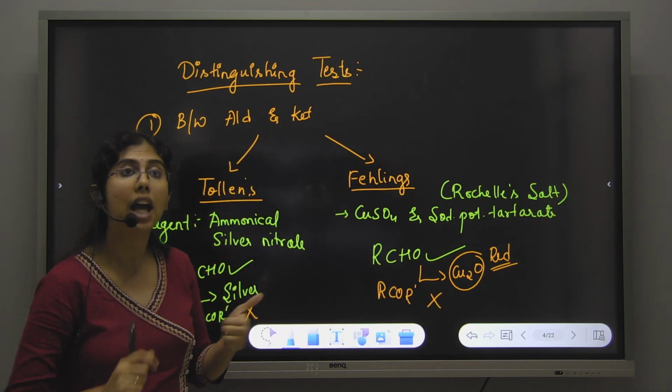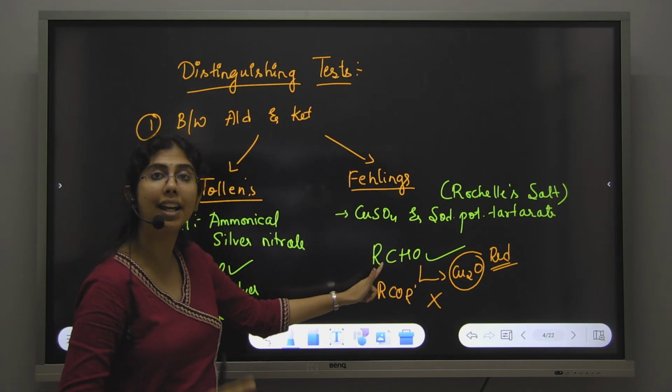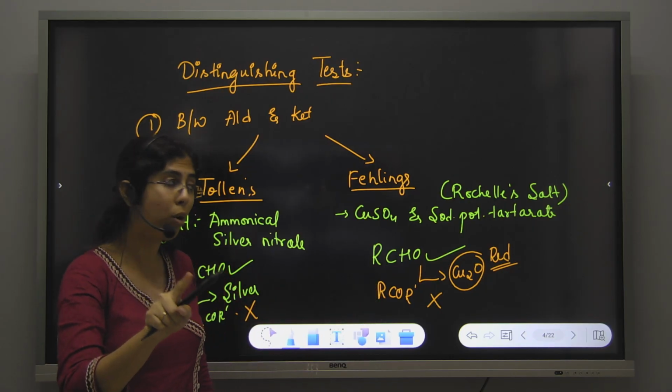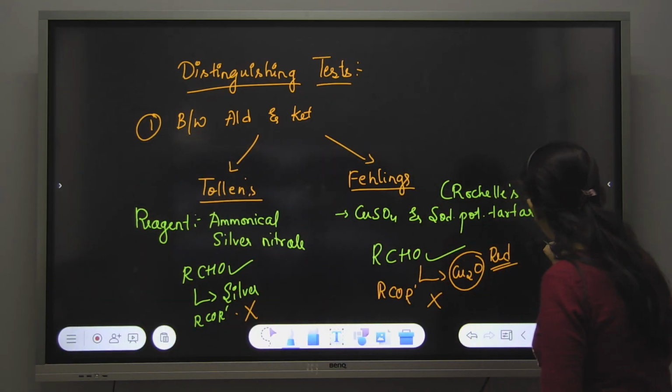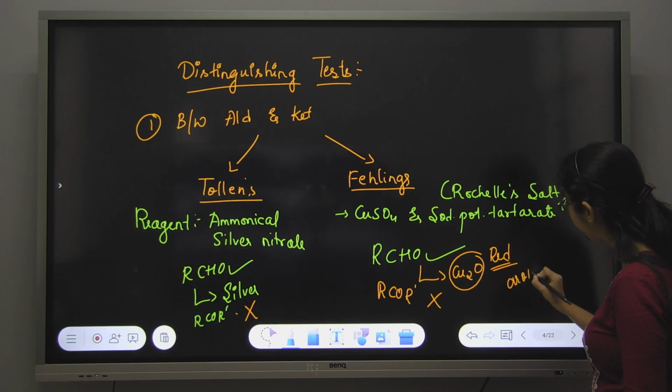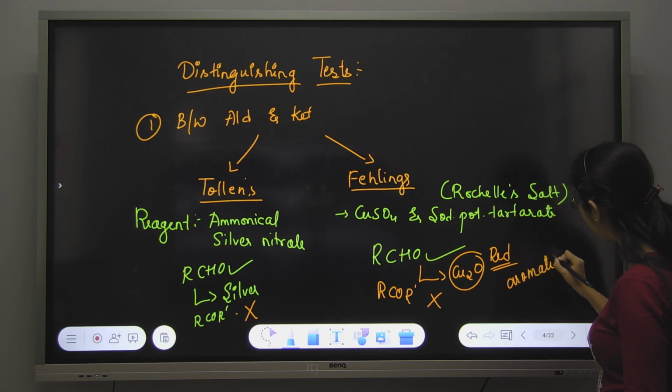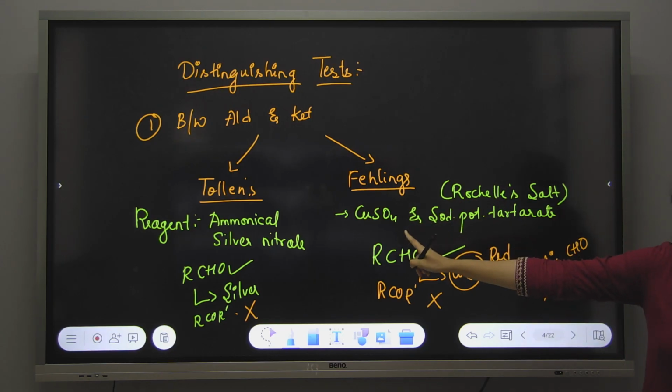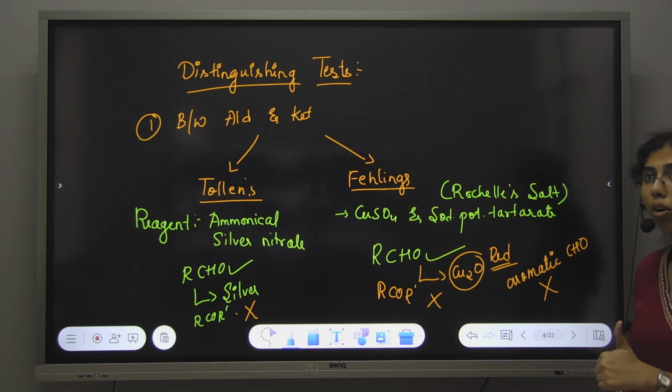the ketone will not give Fehling's test. Who gives Fehling's test? Only aldehyde. And remember one more thing, if you take an aromatic aldehyde, it will not give Fehling's test either.